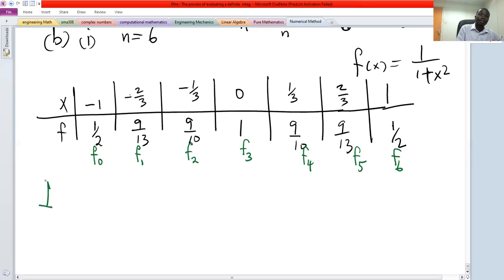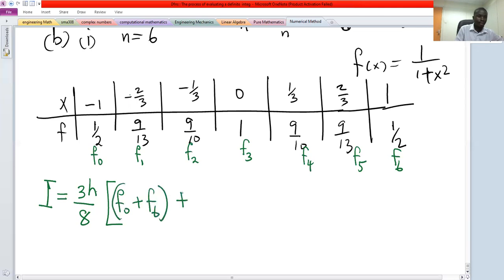By Simpson's 3/8 rule, we have 3h over 8 times the end points, f0 and f6, plus 3 times all the ordinates that are not multiples of 3: f1 plus f2 plus f4 plus f5.